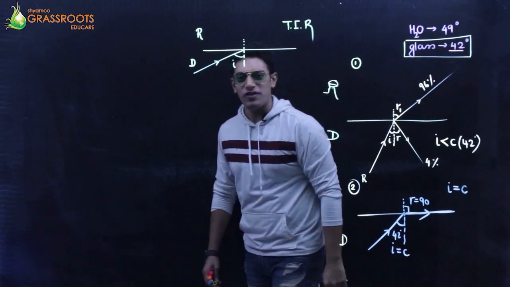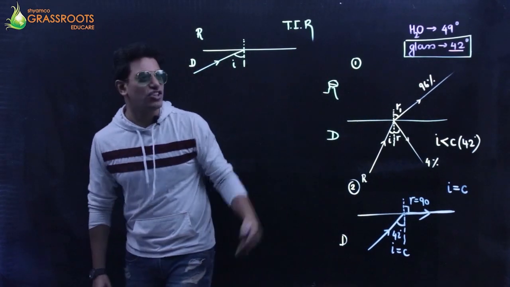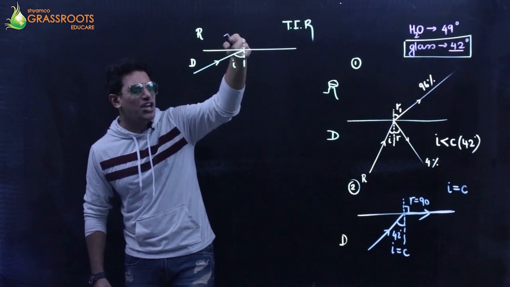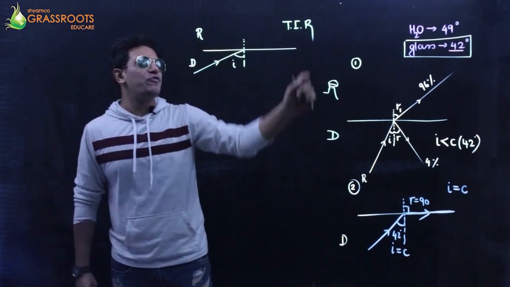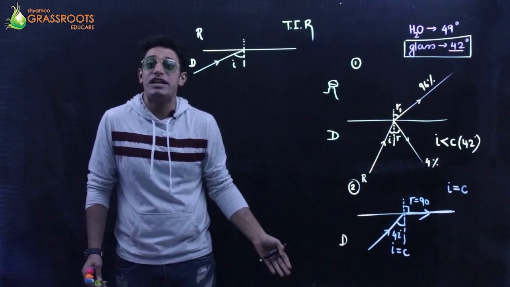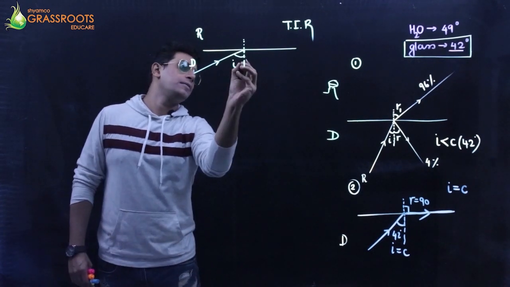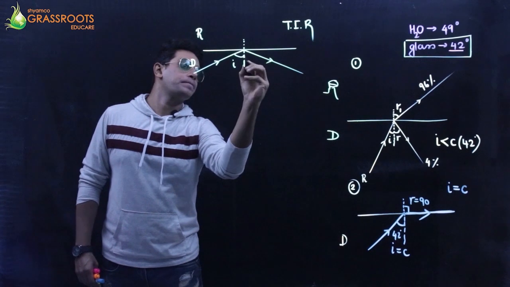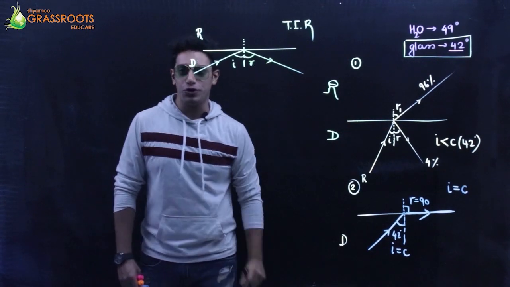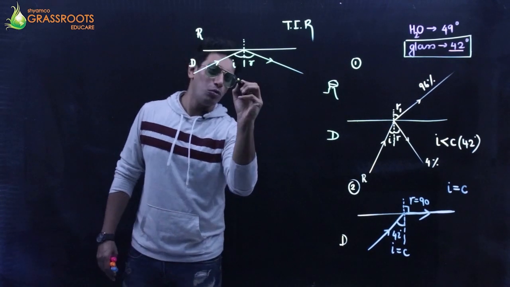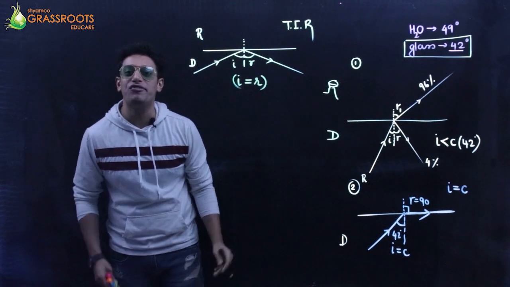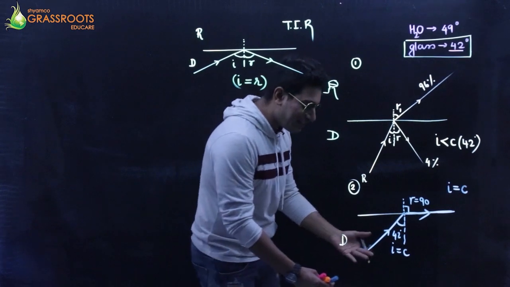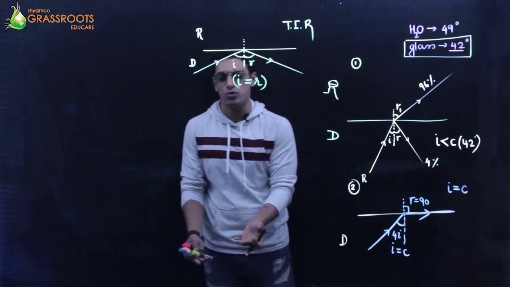Internal, the ray of light remains inside, within the same medium. It does not go outside. Reflection, as the name suggests, reflection. That's R for you. And I can say I is equal to R. The angle of incidence is equal to the angle of reflection. It is one of the laws of reflection.